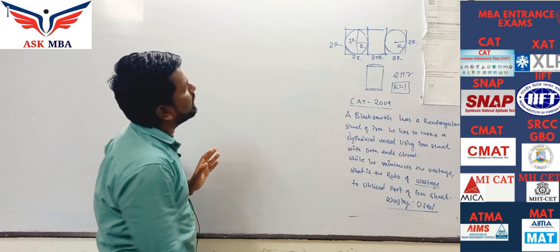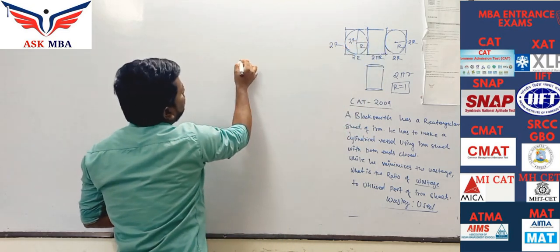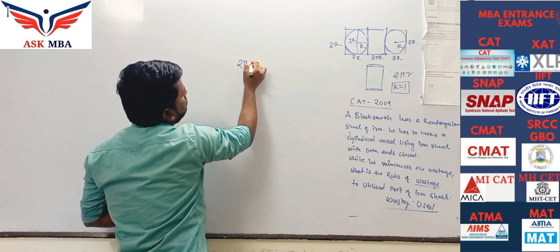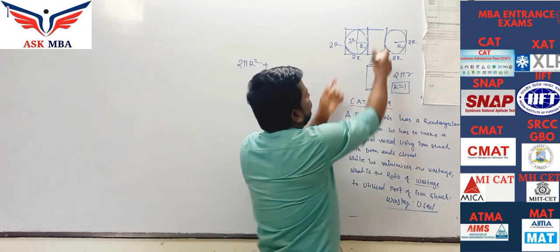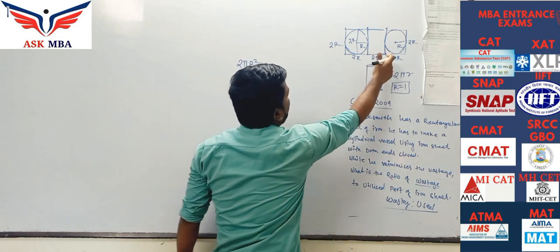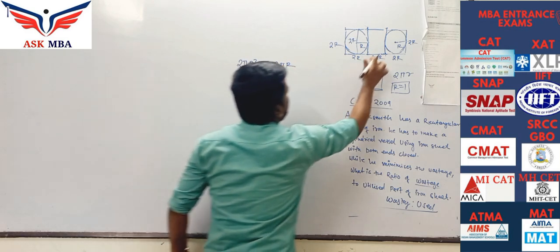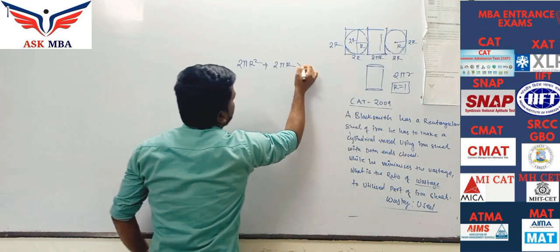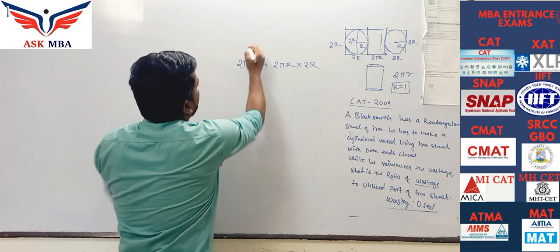Alright, calculate what we need. I need the utilized area, that is two circles, 2 pi r square, plus the area of the middle part, that is 2 pi r into 2r. So this is your utilized area.